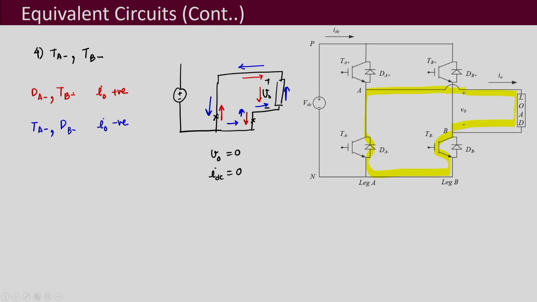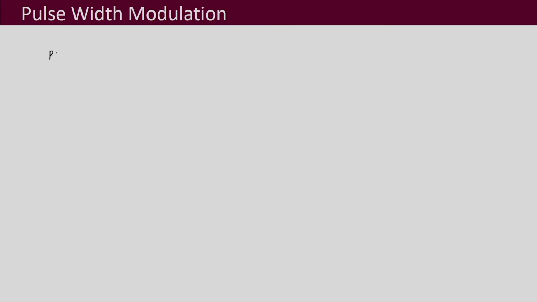So, we saw all the four equivalent circuits. Now, you should be already familiar with the term pulse width modulation. In short, it is also called PWM.